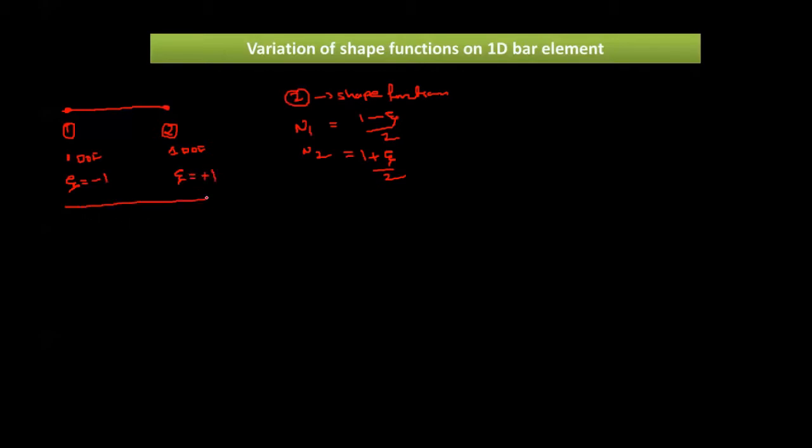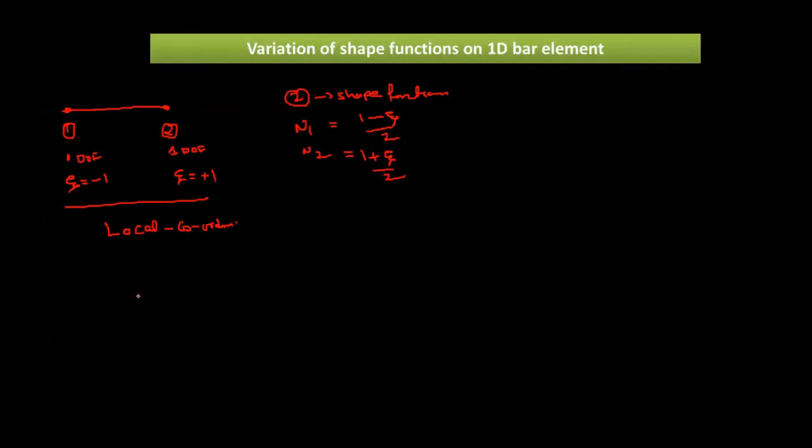This expression is in the local coordinate system, so the coordinate values range from minus 1 to plus 1. After all, it is a one-dimensional element, so it is a function of zeta only. So zeta varies from minus 1 to plus 1.